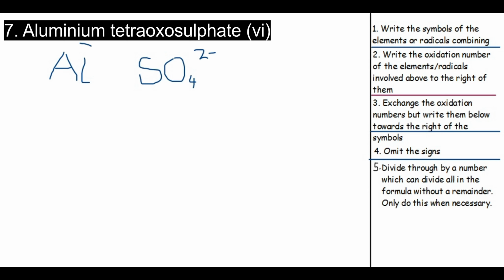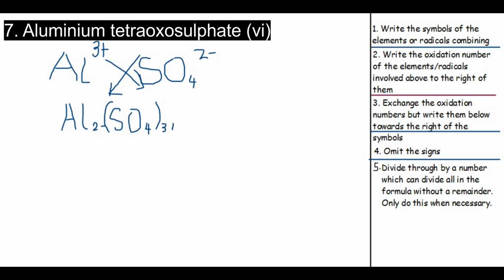The charge of this aluminium is 3. If you check the table, we'll have 3 plus here. Next, you're going to switch. So we'll have Al2 minus SO4 in the brackets 3 plus.